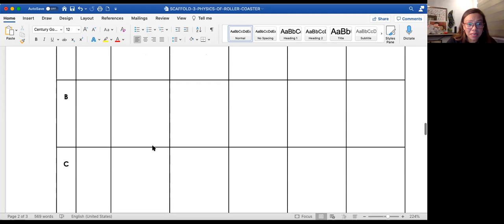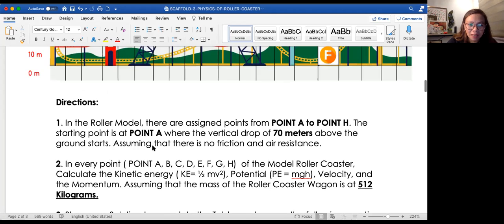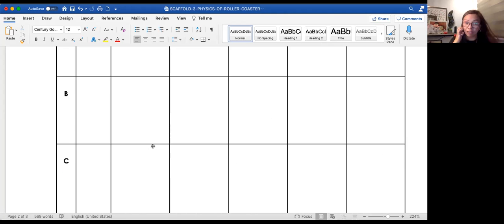So point B is 50 meters, so we place 50 meters. Now, how do we calculate for PE? mgh.